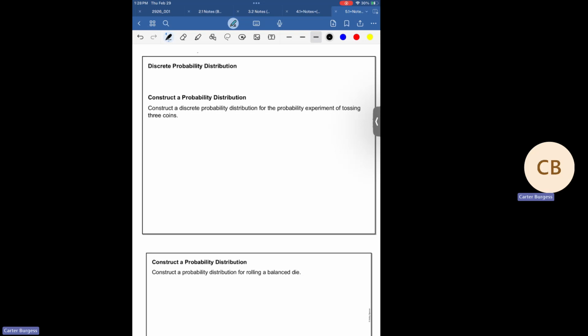Probability distribution functions. These are at their core somewhat annoying to fully define. We're going to look at an example first, and then we're going to take that example and use it to kind of generate a definition. Ultimately, what we are looking at here, we have our random variable, which is a function that is going to take in an outcome, and it's going to process it into a number.